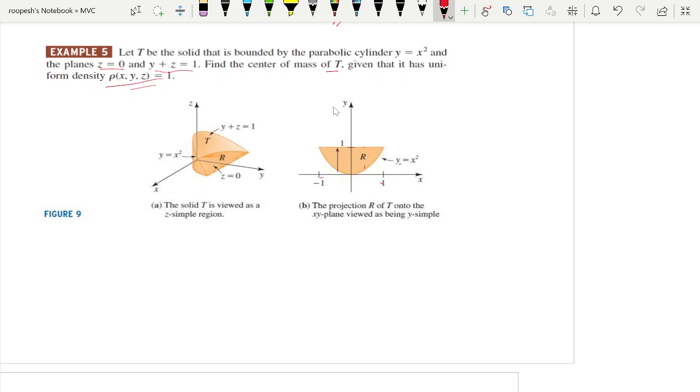So the limits: for x it should be minus 1 to 1, for y it should be from x squared to 1, and for z it should be from 0 to 1 minus y.